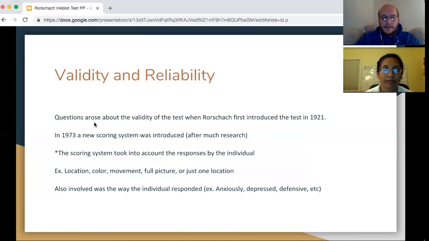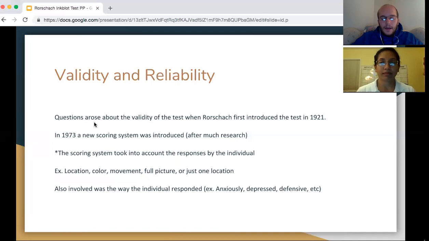So in 1973, after much research, a comprehensive system was introduced, and this was provided to create more reliability and validity of the Inkblot test, developing numerous variables in order to score the test.